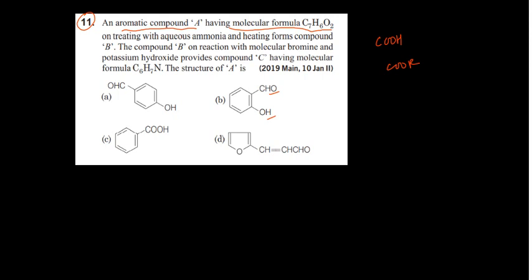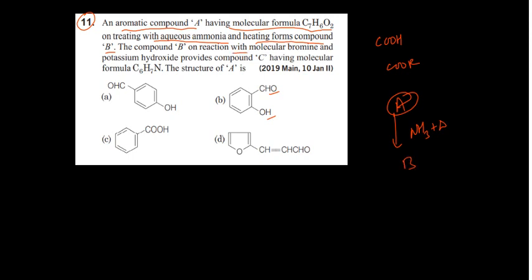Okay, it is giving less information. On treatment with aqueous ammonia and heating it forms a compound B. See, what we are taking as A, we don't know, but it reacts with aqueous ammonia and heating forms compound B.